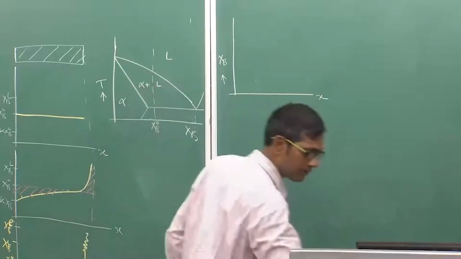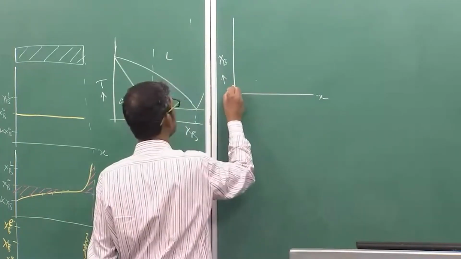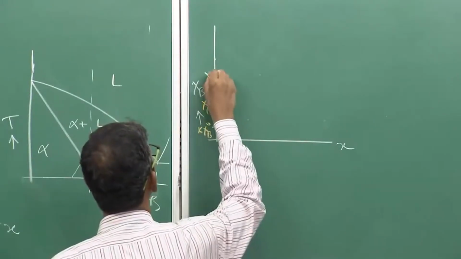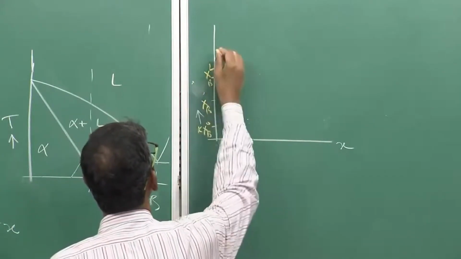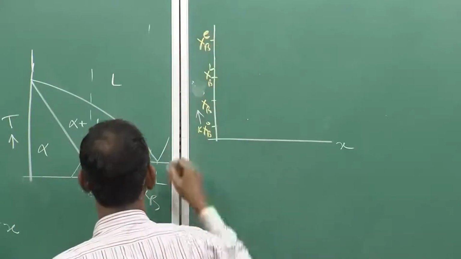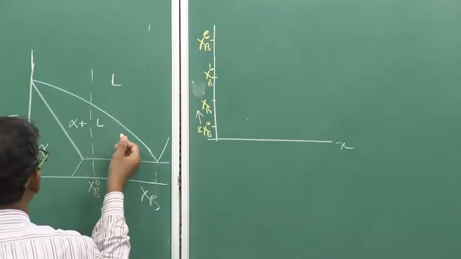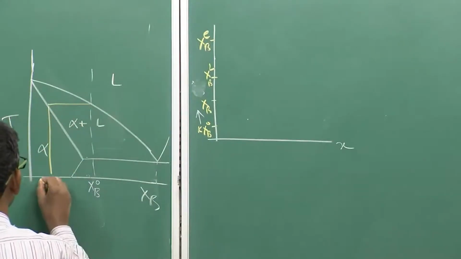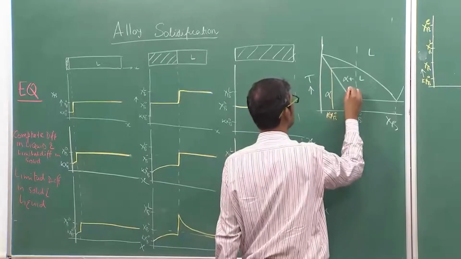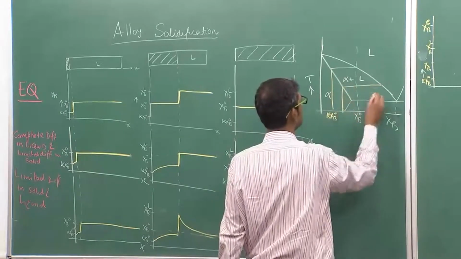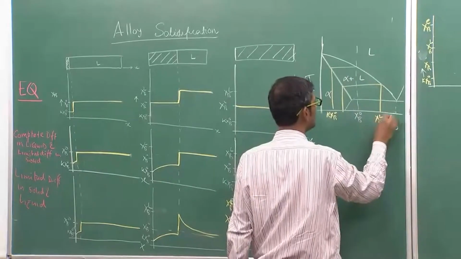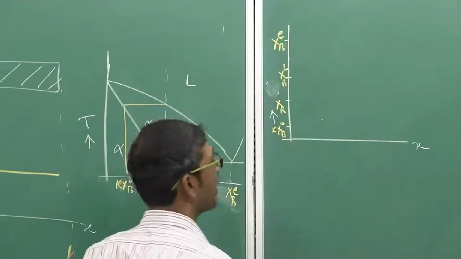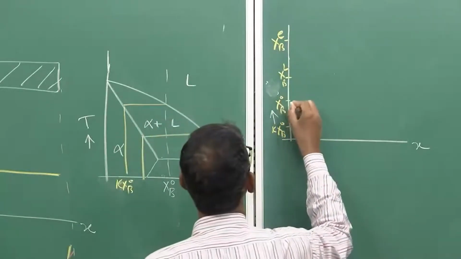What I have drawn is basically the solid profile. This is KXP0, this is XP0, XPL, and this is XPE. That is why they are coming higher, and this is XP0.